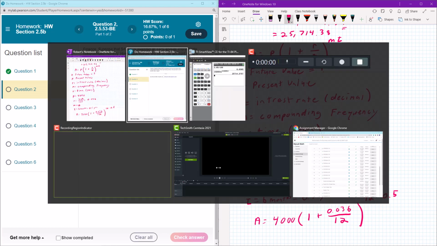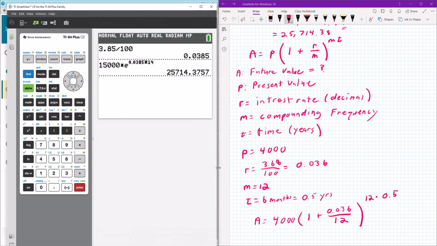Well, let me show you how to do that. Here's our calculator. There's a couple of ways to do this. One way is just writing out the entire equation. Let's go ahead and do that. 4,000, parenthesis, 1 plus 0.036 divided by 12, close the parenthesis.